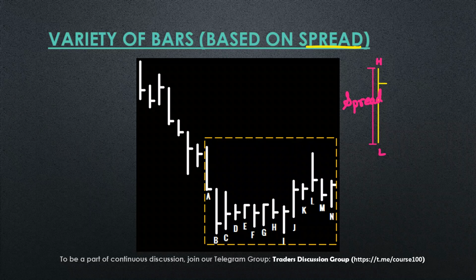In candlestick terms, you can say the range of the candle. The range of the candle is nothing but your spread, the size of the candle in other words. Based on the spread, we will now define bars in 3 types. These 3 types are as follows. First is your wide spread bar.